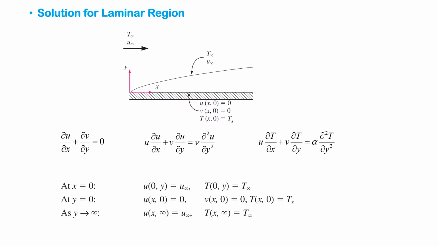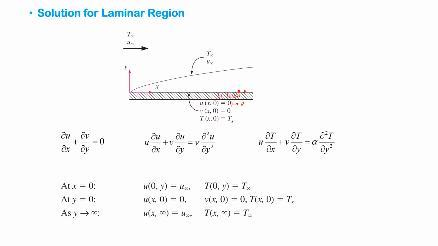Again, we are not going to go through the full solution of the equations, but I'll show you the ideas behind the boundary layer analysis of a flow over a flat plate and the corresponding heat transfer. So we have a flat plate. At the surface there is no flow; the liquid molecules on top of the plate will stick. This is the no slip boundary condition.